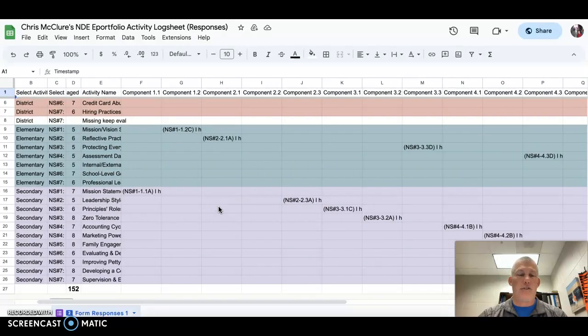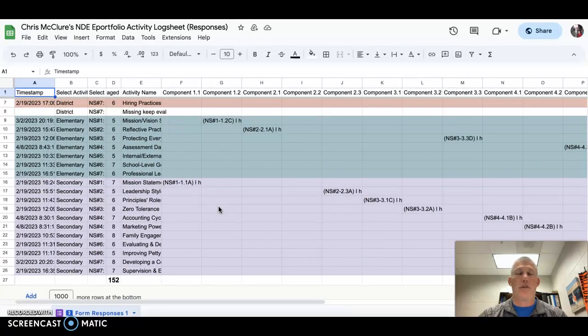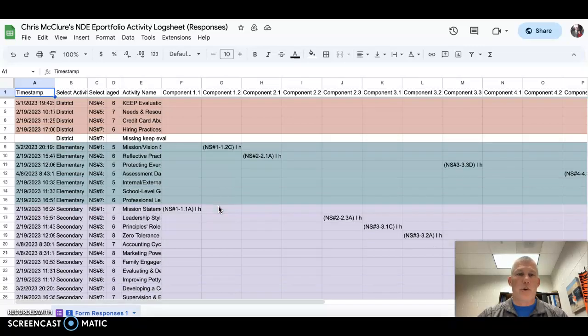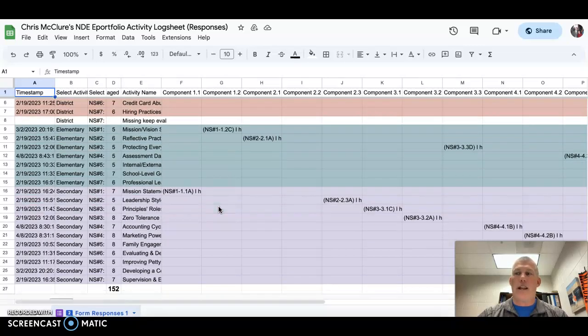For this, I utilized 24 artifacts. 6 of those were district, 7 were elementary, and 11 secondary, which is the level at which I currently teach and hope to be an administrator. Some of the artifacts were created based on activities that I engaged in outside of the requirements for the coursework.